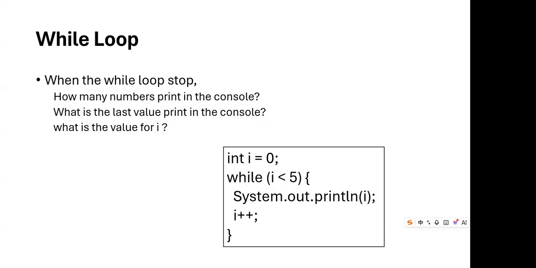So what we output is 0, 1, 2, 3, 4, and then we go to 5, which no longer satisfies I is smaller than 5. So the while loop is ended. But what is the value of I? I would say that the value of I is still 5 because we have already incremented it in the last line of the while block.